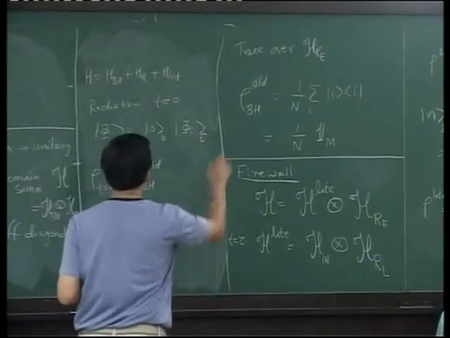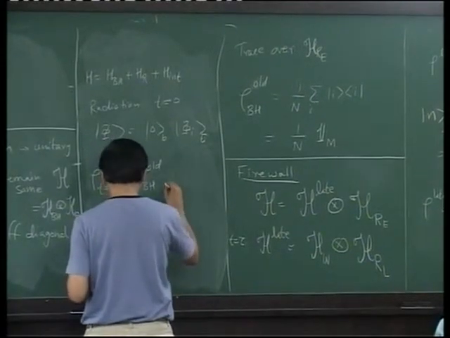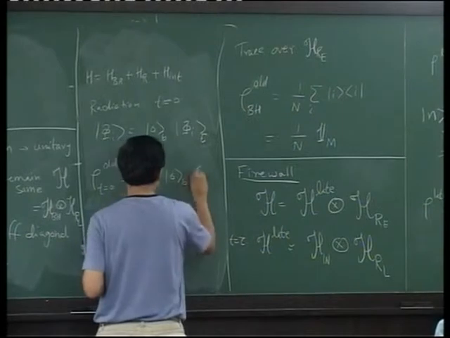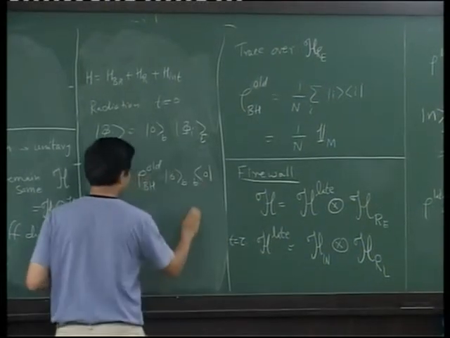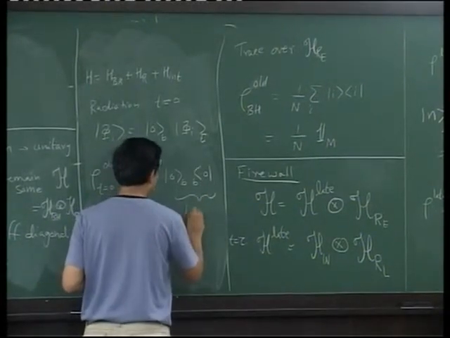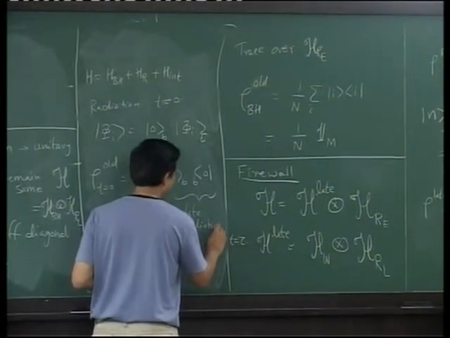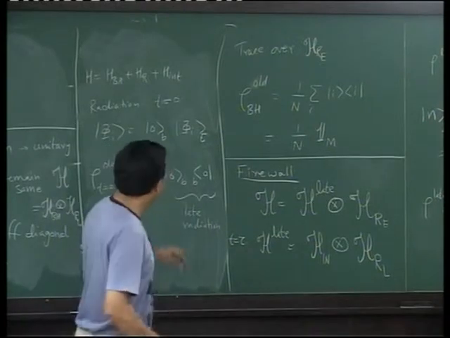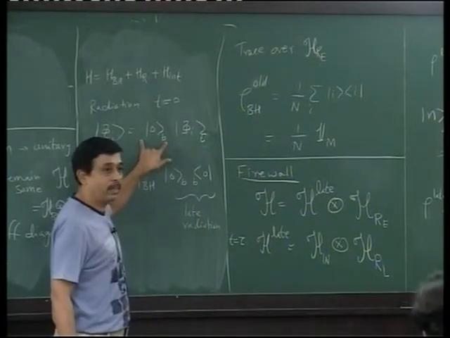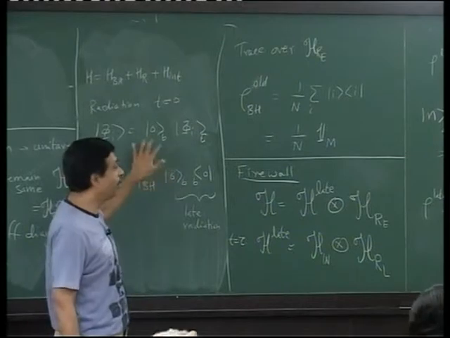No, it's right here. Okay, times this, the late radiation. So this is a vacuum state of late radiation at time t equals 0, which was not taken into account earlier at all.